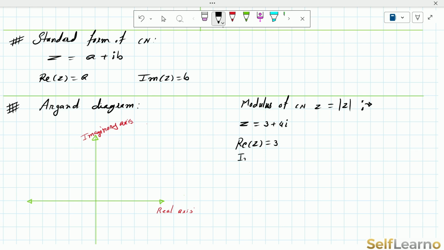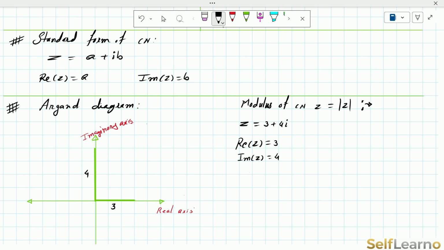And imaginary part of z is positive 4. Real part is positive 3. And imaginary part is positive 4. 1, 2, 3, 4. Perfect. So this real part is positive 3. Imaginary part is positive 4.